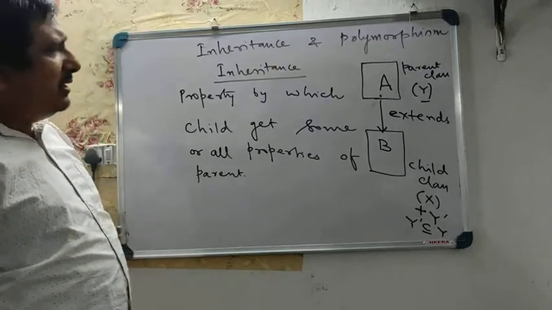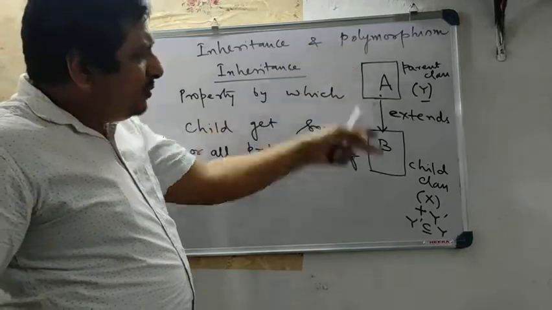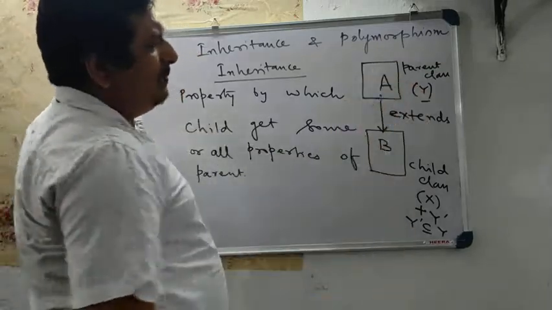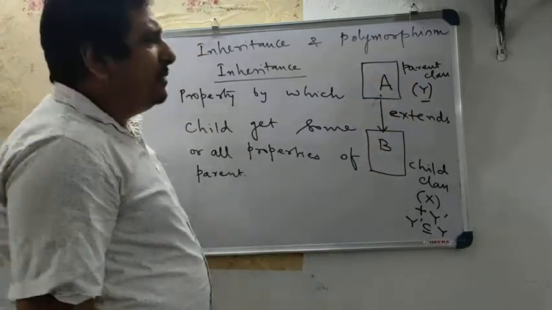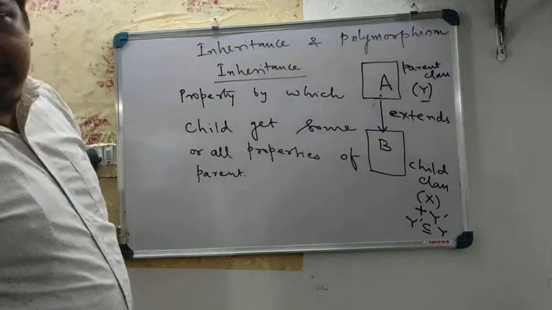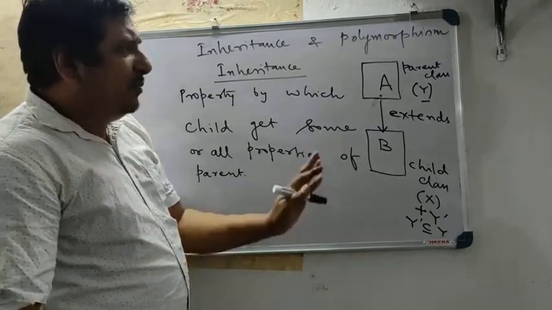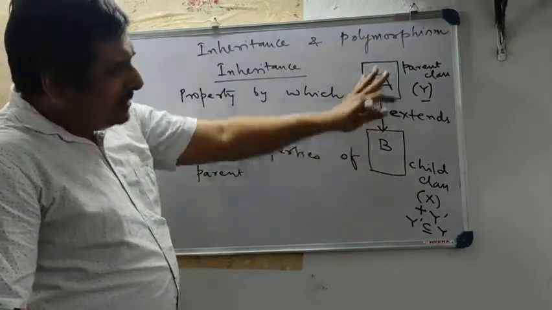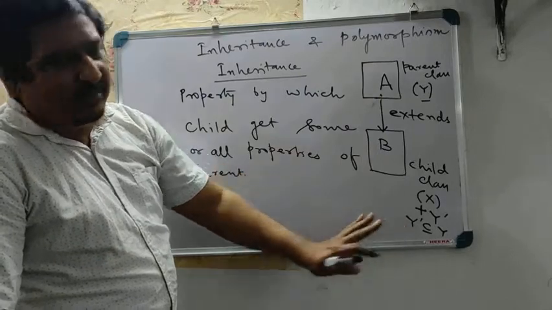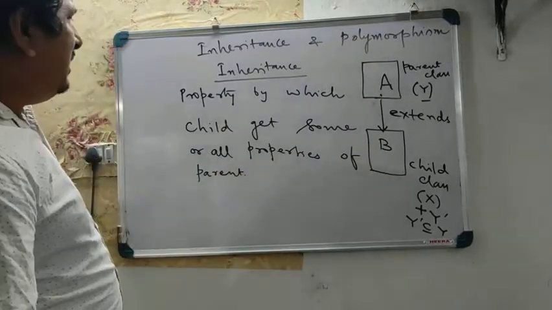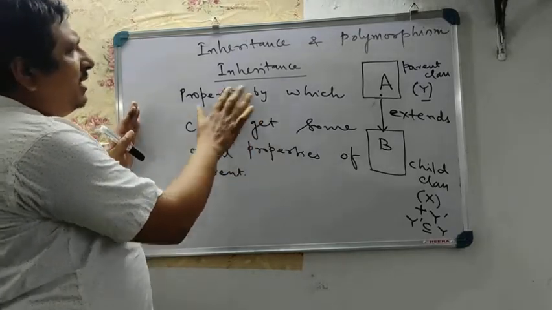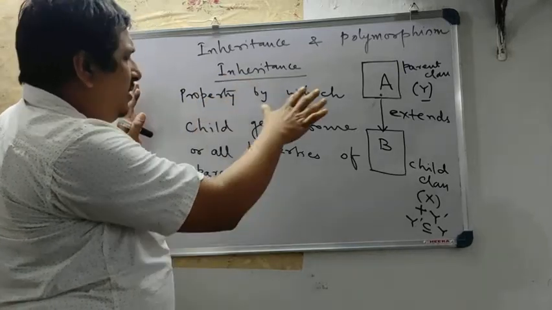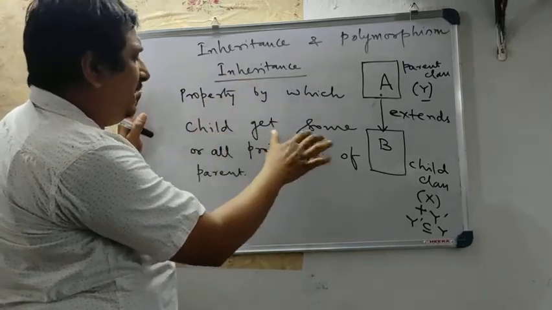In case of inheritance, there will be at least two classes. In a very simple way, I always say this is the parent class and this is the child class. Some books use different terminology, but for me it is very simple. So if I use the inheritance property, the child will get some or all.